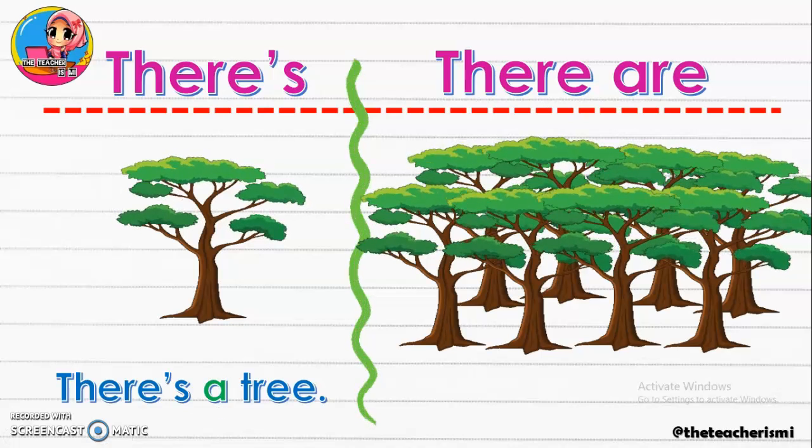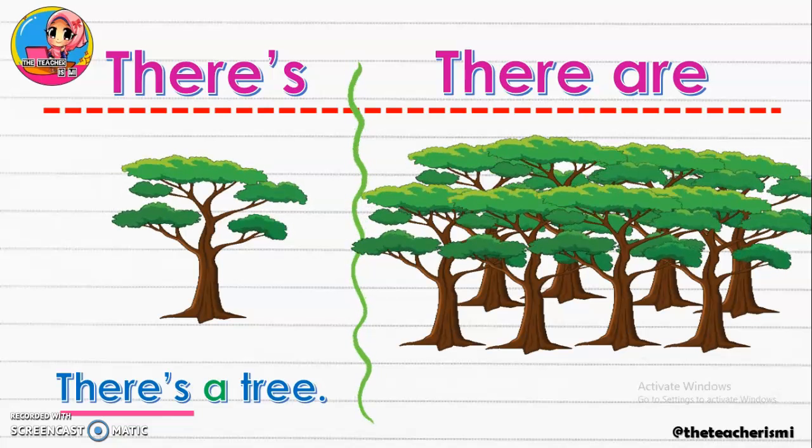A means satu. A tree. Sebatang pokok. So we need to use there's. So there's a tree. Jadi kalau kamu tengok soalan, ayat tu isi tempat kosong, ada a je. A, apa benda? A. Automatically the answer is there's.